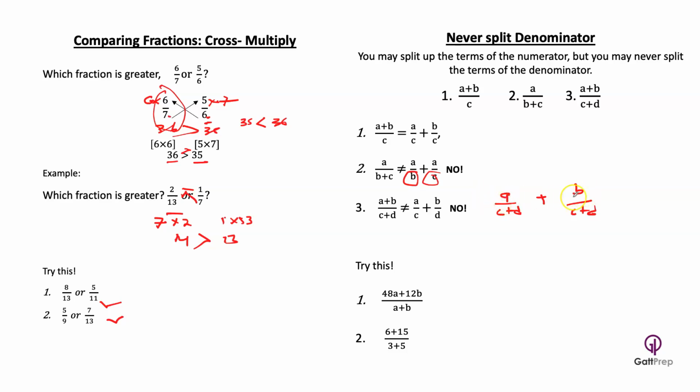You can, however, split the numerator. So if you split the numerator, and a stands alone, you have to divide by the entire denominator, which is c plus d. Same with this, b all over c plus d. So this is correct, but this is wrong. So try your hands on these 2 examples here.